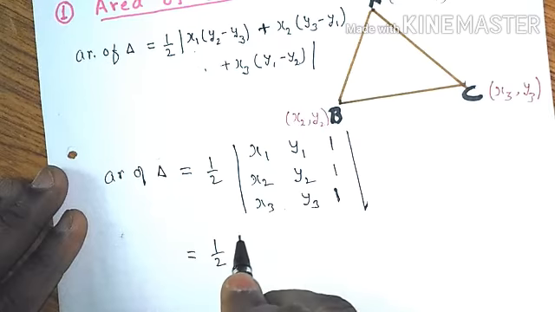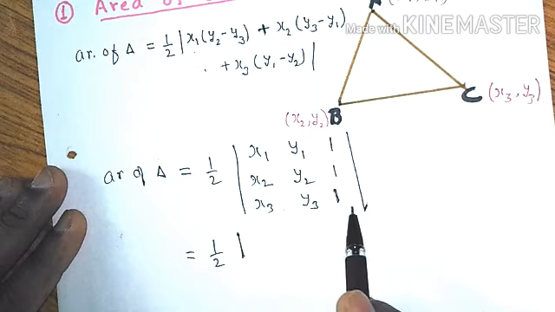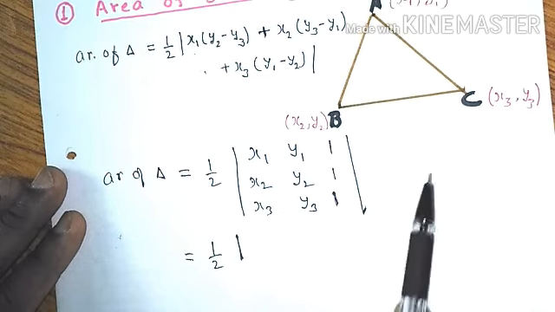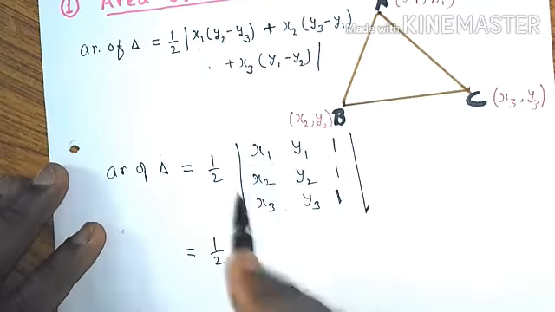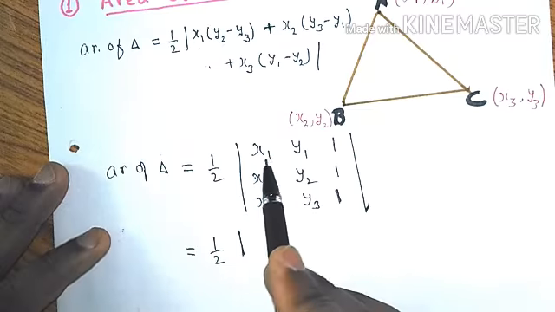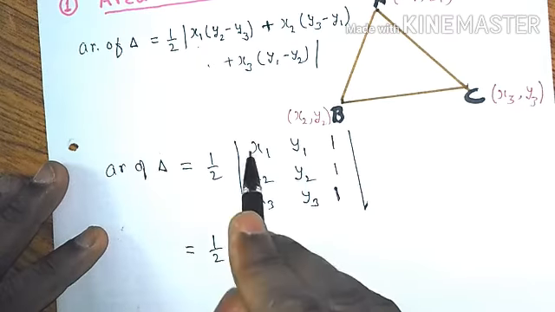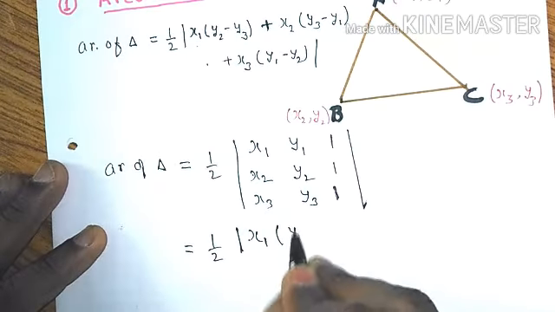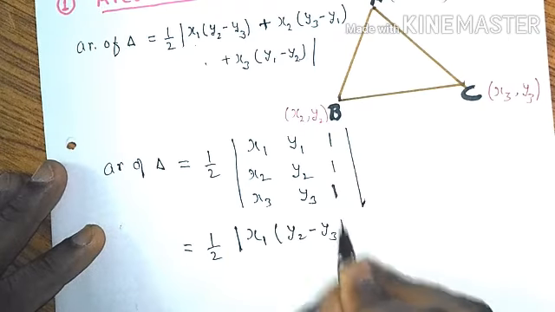Half as it is. Now I am writing the absolute value, because a determinant can have a negative as well as positive value, but the area can't be negative, so we take the absolute value of the expansion. If I expand it along the first column, this will be x1, then deleting this particular row and column, we get y2 into 1 minus y3, that is y2 minus y3.